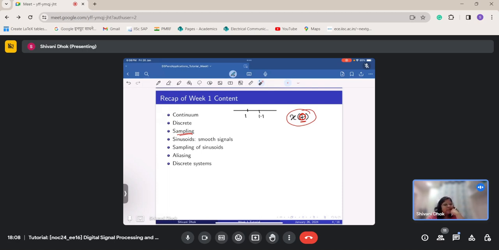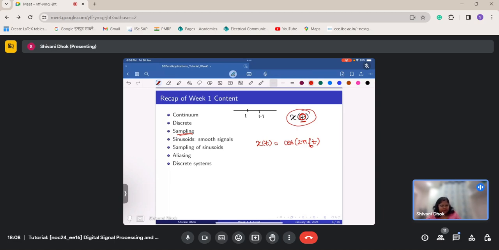Then the concept of sampling of sinusoids was discussed, like how to sample a signal which is x(t) equal to cos 2 pi f t, or let's say f c t or f naught t.